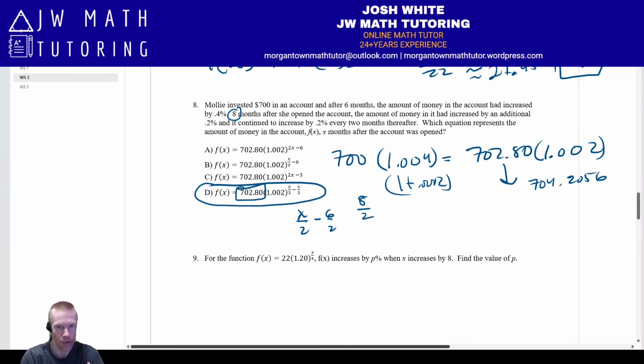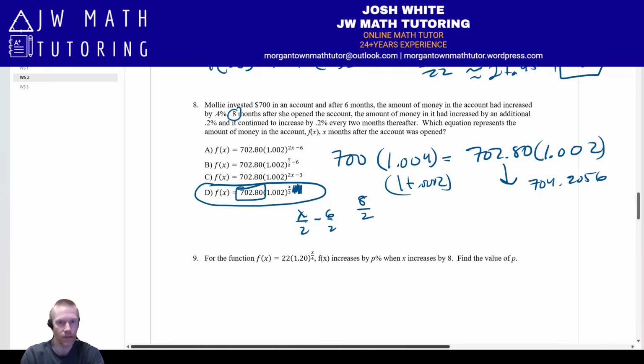Normally the way you would see this problem would be like this. Say you started with 702.80, every 2 months it increased by 0.2%, and you wanted to say how much money you have after x number of months. You just plug it in, divide by 2, and then do the calculation.